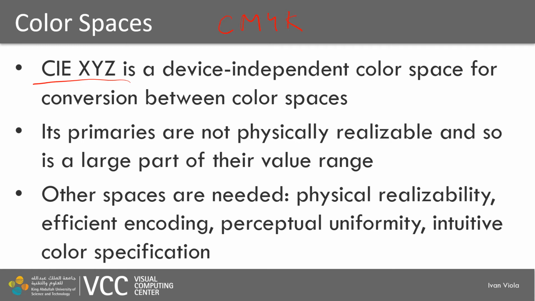One gamut might be larger than the other one in certain regions, but definitely not for the XYZ color space, because this is a color space which is larger with its gamut than any other color space. So we convert it to the XYZ, and then we can convert it to another color space, like for example the CMYK, so that we can instruct the printer to print a picture.